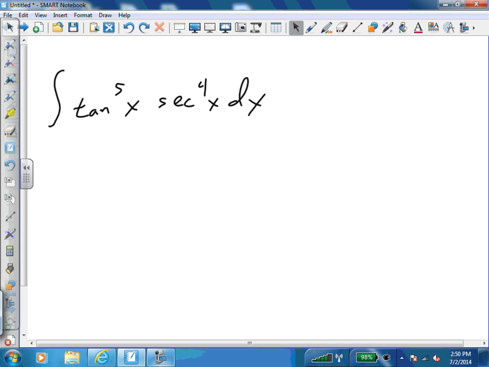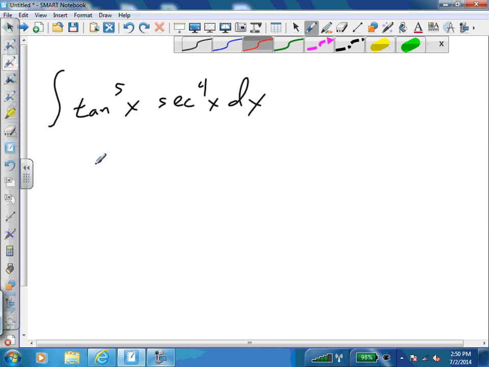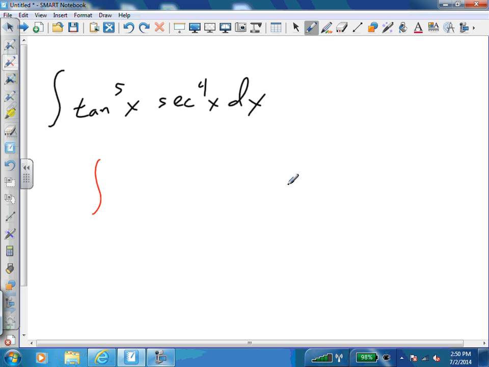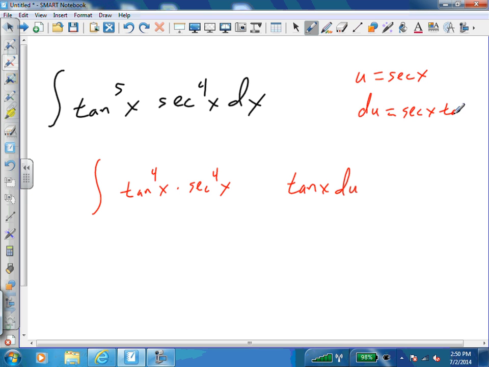If we have an odd number of tangents, we're going to pull one of those tangents out. And we're going to change everything else to secants. Because remember, if u is secant, what's du? Secant tangent.